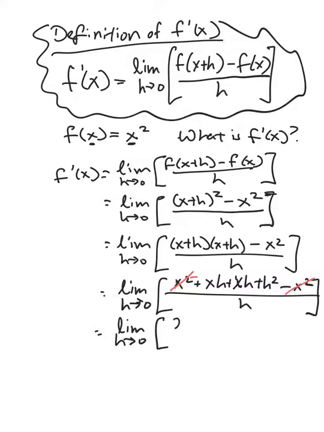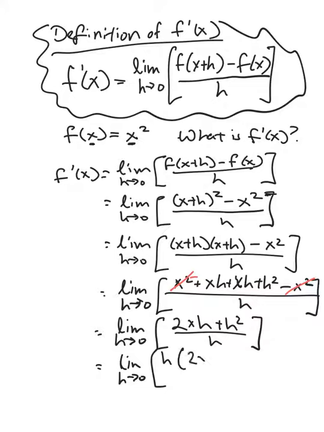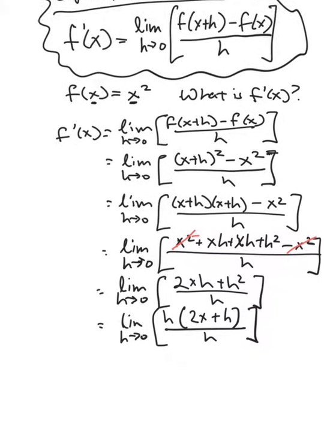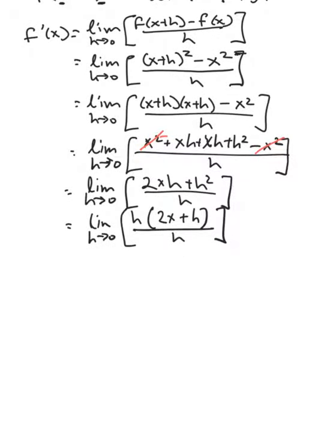So I have 2 of those xh things plus h squared all over h. And now I notice I can factor an h out of the numerator. So I get 2x plus h over h. And then I see that I can divide out those h's.